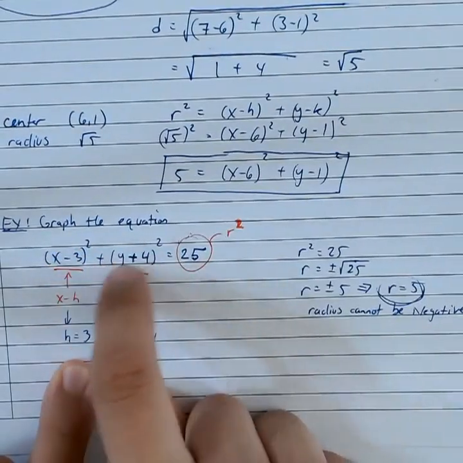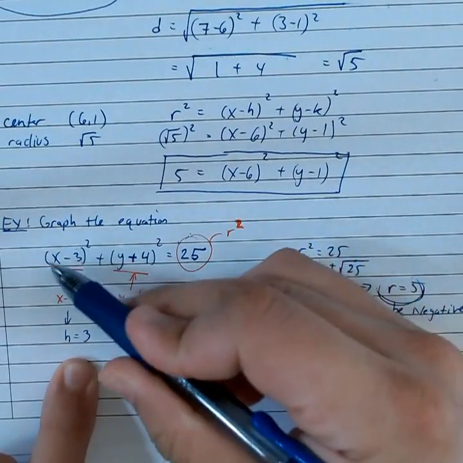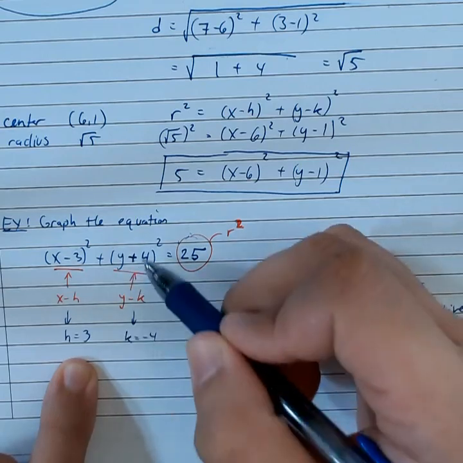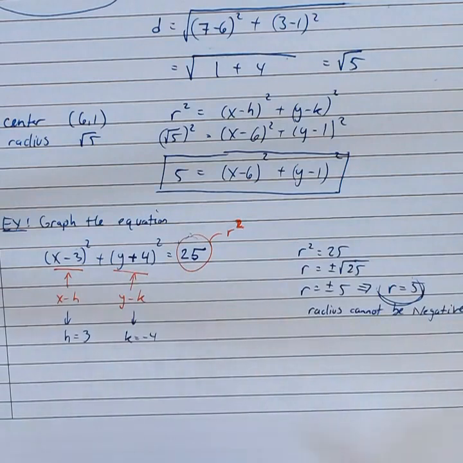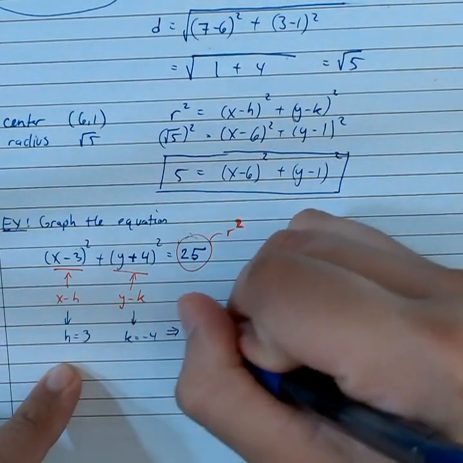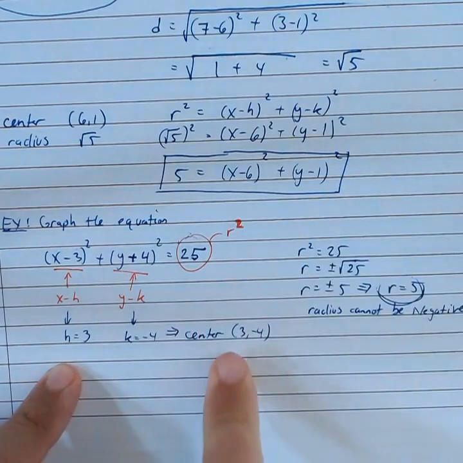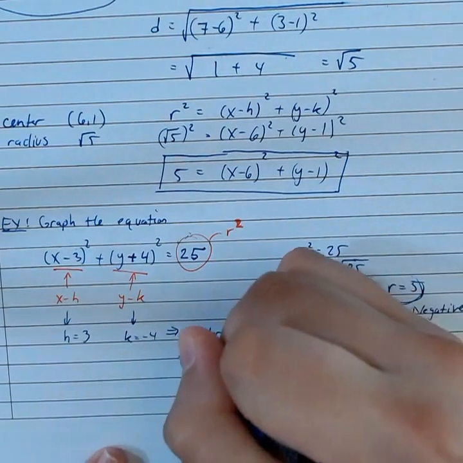Or you can think of it as, what number am I subtracting from x? And here, what number am I subtracting from y? That was a double negative, so that's going to be a negative. Either one gets you your result. But now, that tells us that our center is going to be 3 comma negative 4. We have a center, we have a radius, and that's all we need. We can now graph.